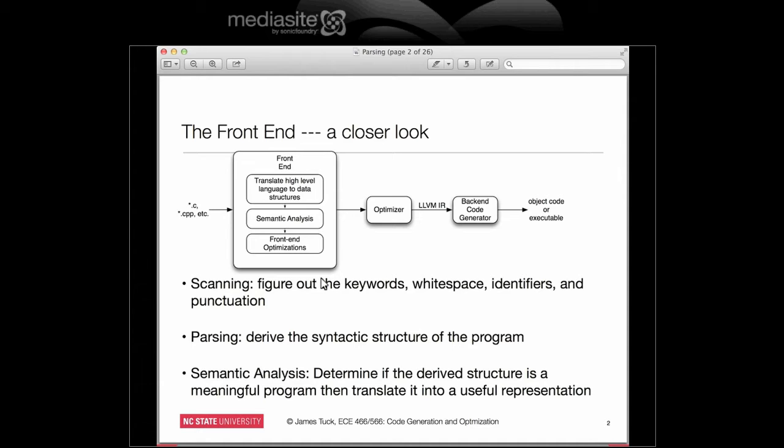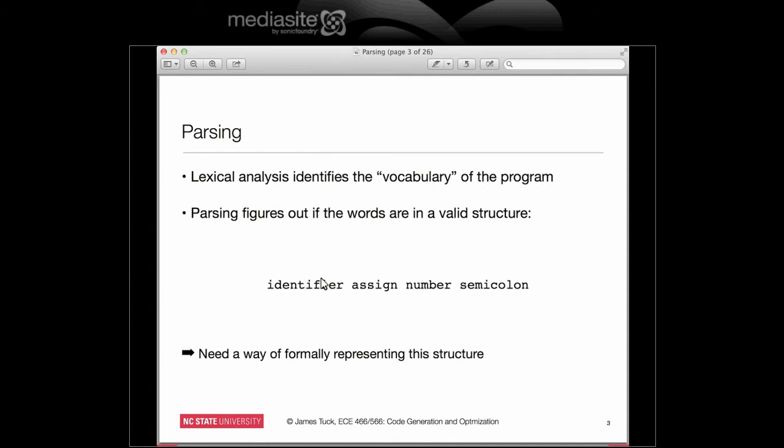This is where we derive the syntactic structure of the program and verify that it's a legal program, at least with regard to the grammar. If lexical analysis identifies the vocabulary of the program, the words and punctuation, parsing figures out if the words are in a valid structure.